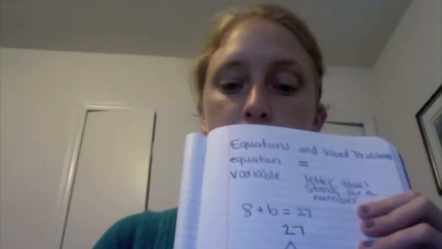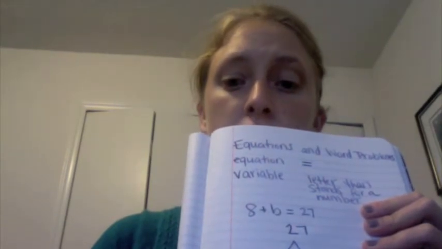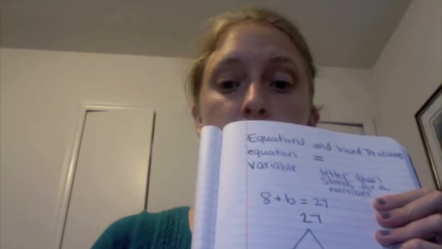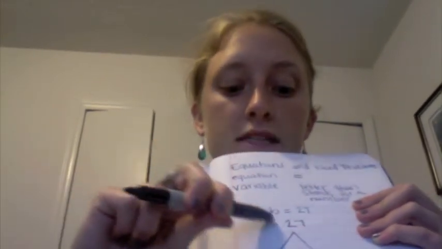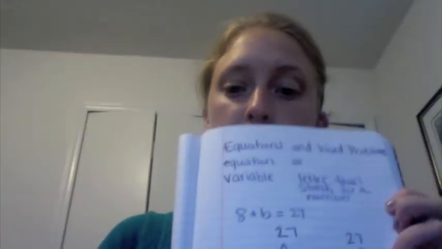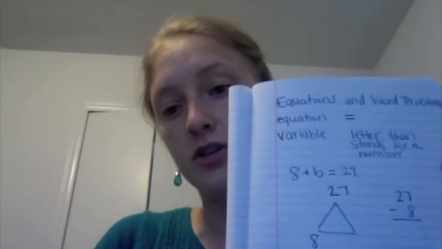We know that 8 plus something is going to give us 27. We're just not sure what that something is. But then we could reverse it because we know the inverse operation of addition, the opposite, is subtraction. So we could take 27 and subtract 8. 27 subtract 8 would give us our answer. So see if you can figure out that answer.